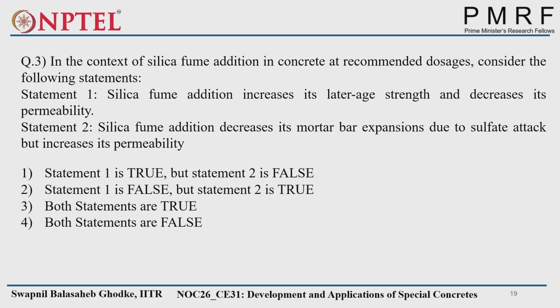Next: Statement 1, silica fume addition increases its lateral strength and decreases its permeability. Statement 2, silica fume addition decreases its mortar bar expansion due to sulfate attack but increases its permeability. Out of these, who is wrong?